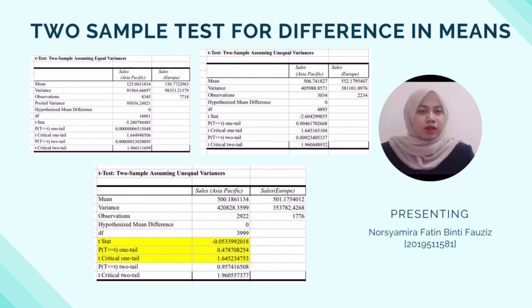The P value is 1.30301 exponential negative 7. By substituting the exponential notation negative 7, the P value is 0.00000013. The P value is less than significant level, which is 0.05. So from the result, the T statistic falls in the rejection region. Thus, we will reject the null hypothesis.